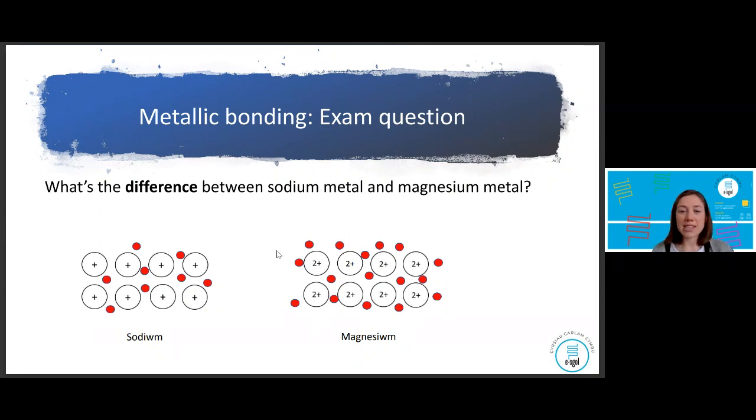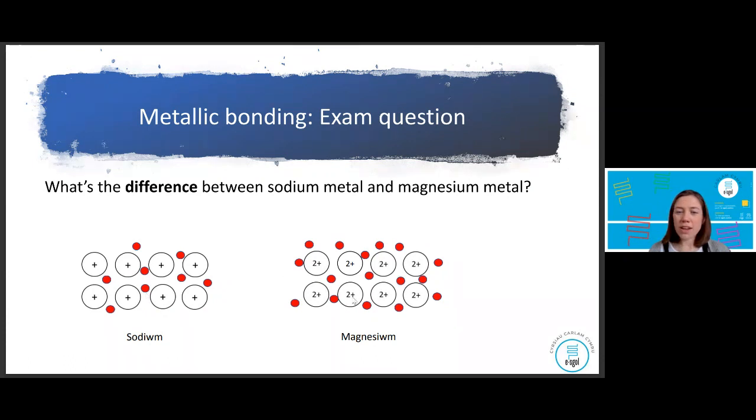So let's have a look at a typical exam question where you have to compare between sodium metal and magnesium metal. So what's the difference here in terms of their bonding? Now, as we've already seen, sodium ions are +1, so they're represented here with the plus shapes on this diagram, okay, the circles. And then the red circles represent the free electrons surrounding those positive charges.